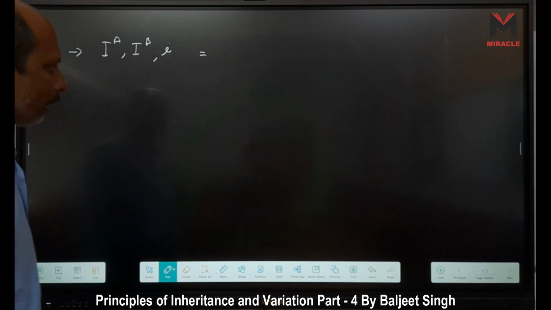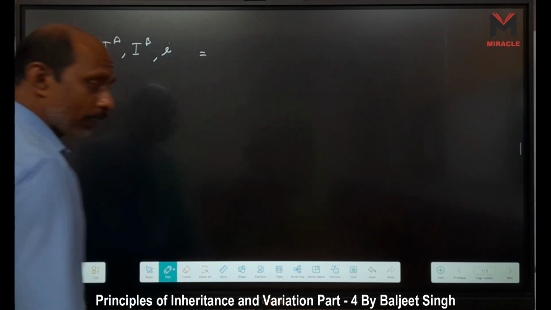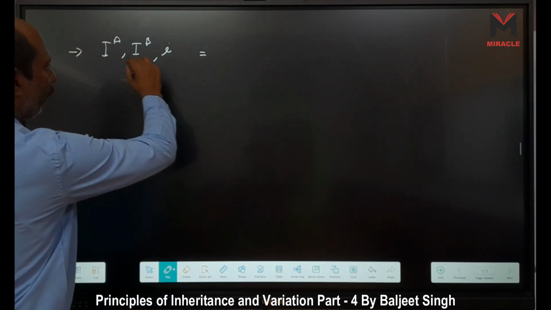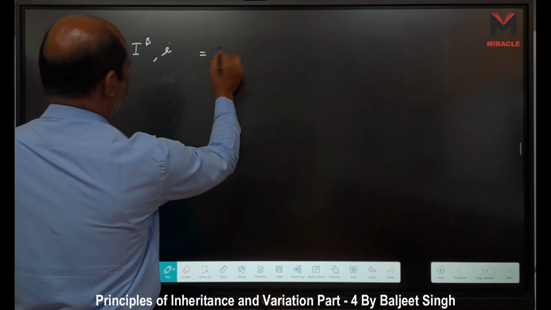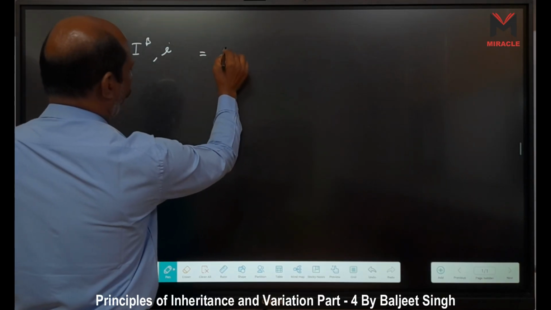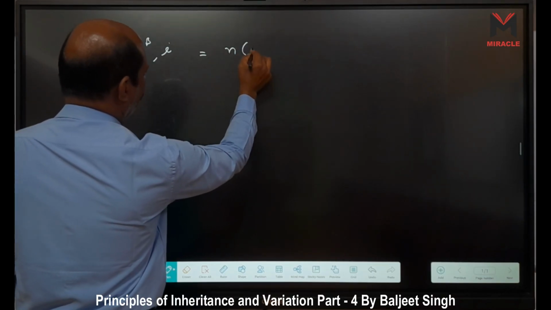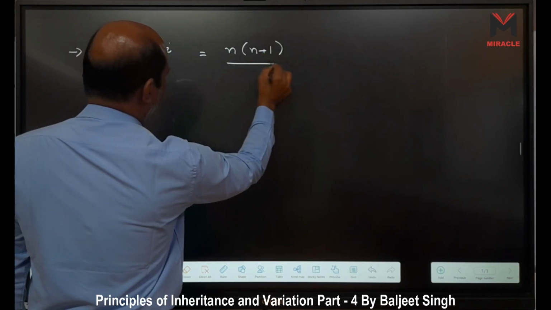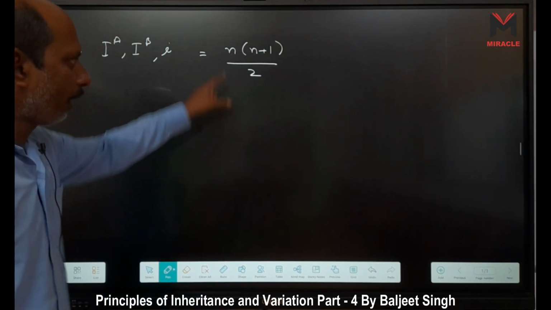Because 3 alleles are there, how many genotypes are there? A formula is given here: n(n+1)/2. How many alleles? 3 alleles.